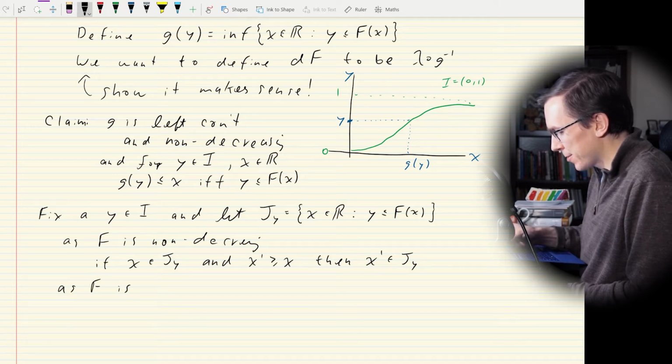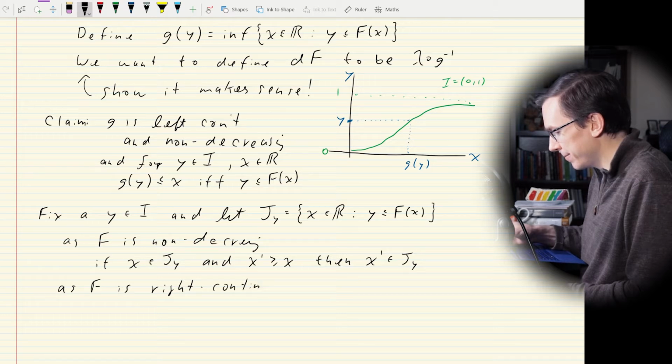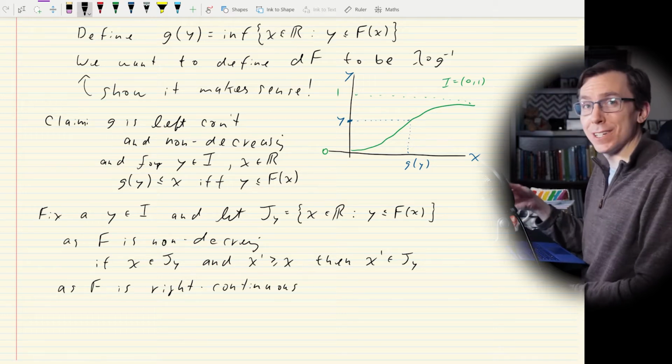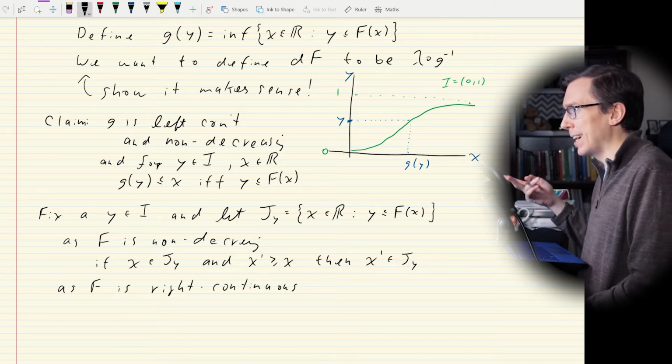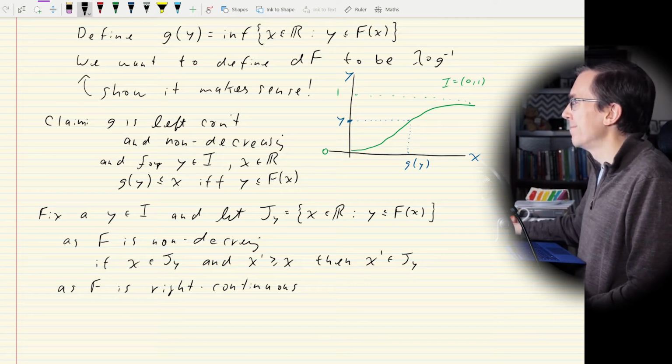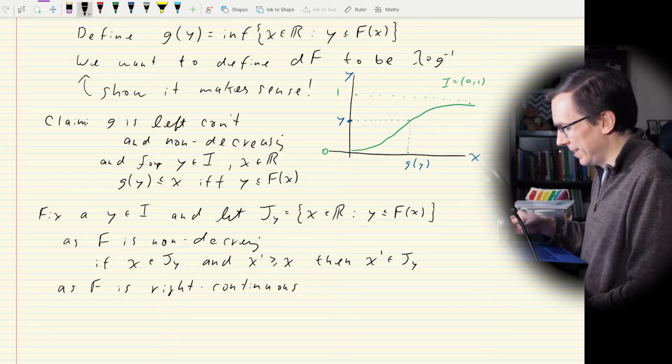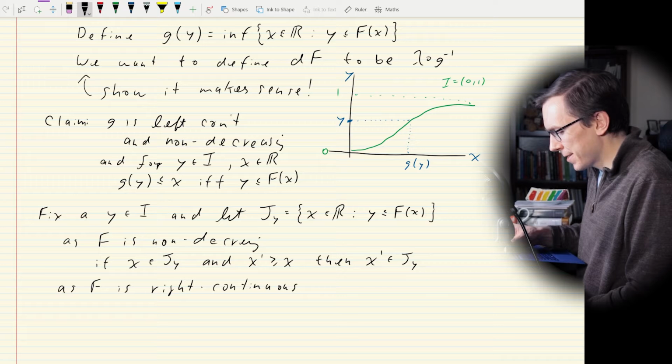As f is right continuous, we're using all of those nice conditions that we threw into the theorem. Don't want to waste any, because otherwise why include them? As f is right continuous, this allows us to do sequences.